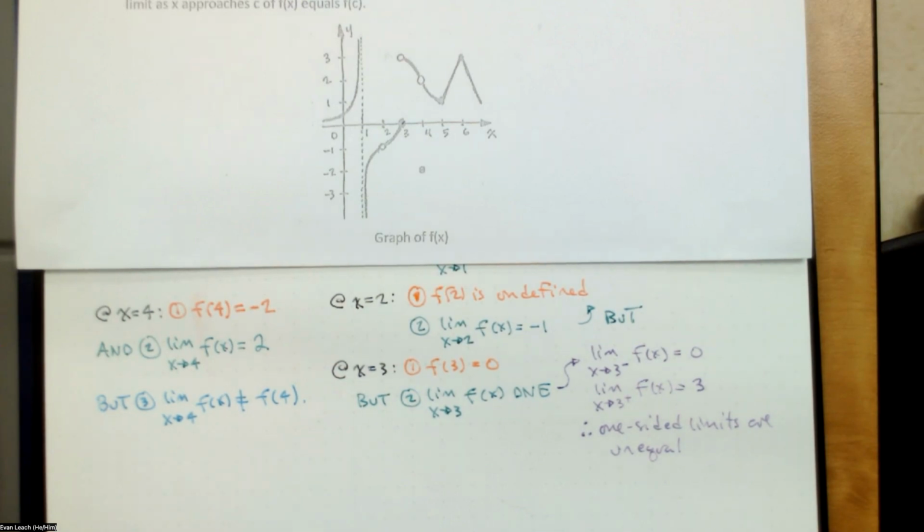So for x equals 3, if you wanted to write an explanation, you could just use the words. The limit as x approaches 3 from the left is 0, but the limit as x approaches 3 from the right is 3. So the one-sided limits are unequal. Therefore, the limit doesn't exist. You could just use those words.